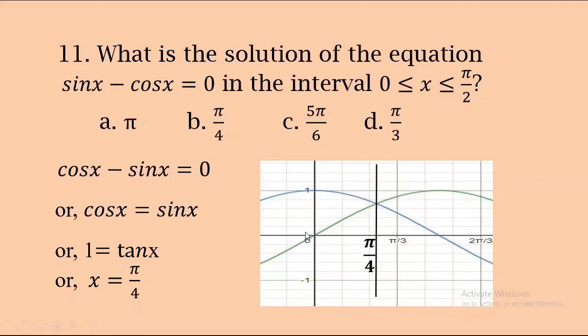Why is it the sine graph? Because it passes through the origin, and for 0, cos gives 1. So this is the cos function, and they meet at pi by 4. It doesn't require this, but I showed it for your understanding of how to get the solution by the graphical method. But if you solve it directly, you will get pi by 4.